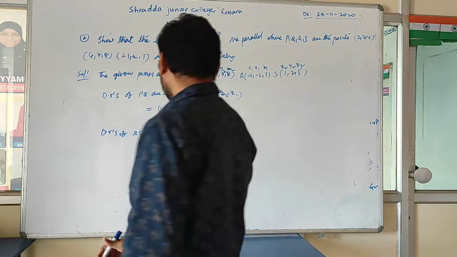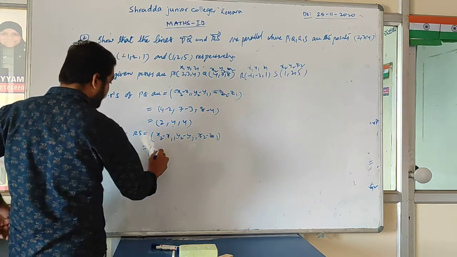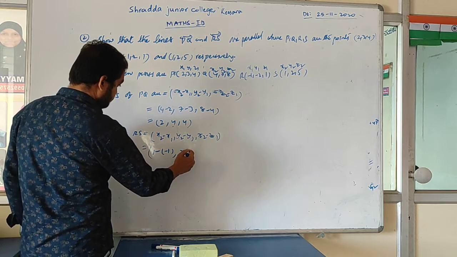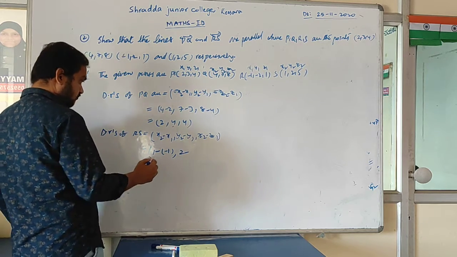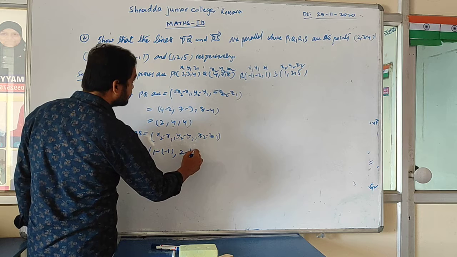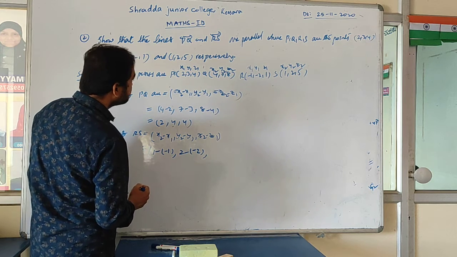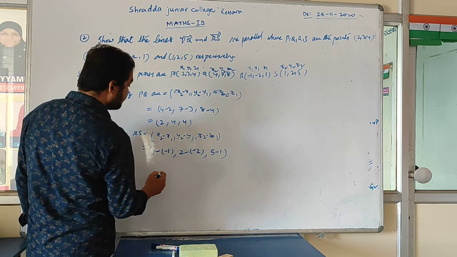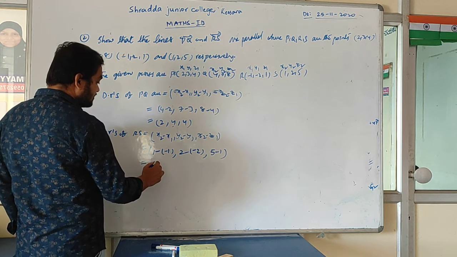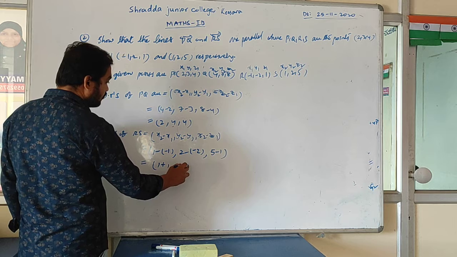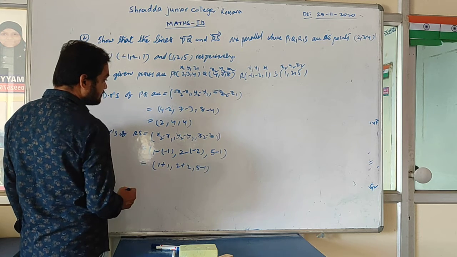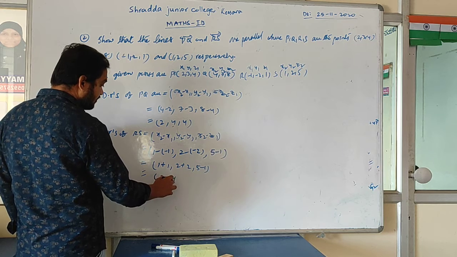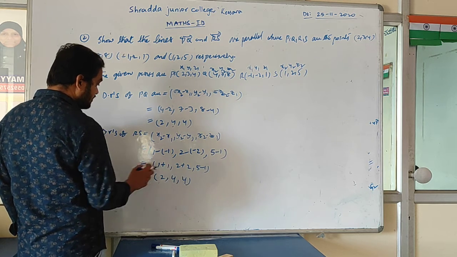Now what is x2 minus x1 here? That is 1 minus of minus 1. What is y2? 2 minus of minus 2. And next, what is z2? 5 minus of 1. Now we have 1 plus 1 is 2, 2 plus 2 is 4, 5 minus 1 is 4.